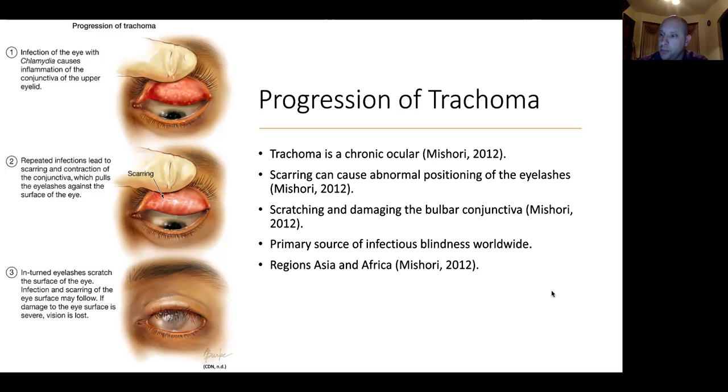The disease is transmitted by coming into contact with fluids that contain Chlamydia trachomatis. If it's close to the eye, as when the newborn is coming out of the pregnant female, then obviously they're going to get it into their eye and have that infection.